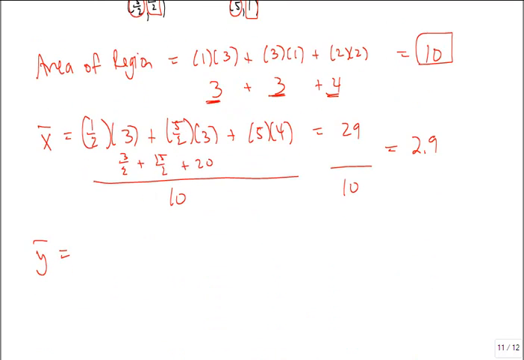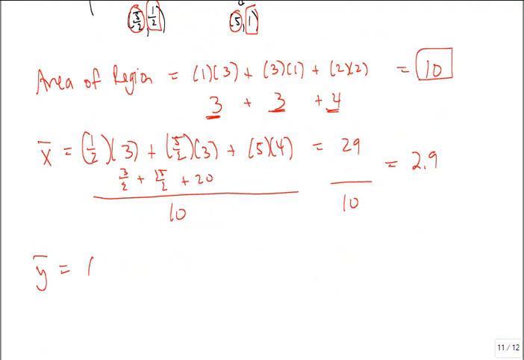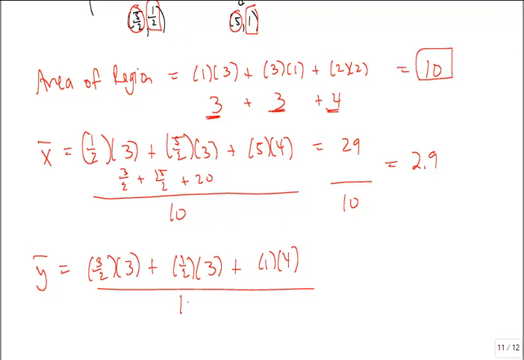So our moment is going to be that first y value, which was 3/2, times the first area, which was 3, plus the second y value, which was 1/2, times the area, which was 3, plus the third y value, which was 1, times the area, which was 4, and we're going to divide all of that by that total area, which was 10.